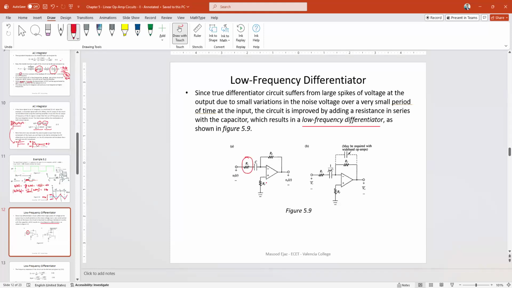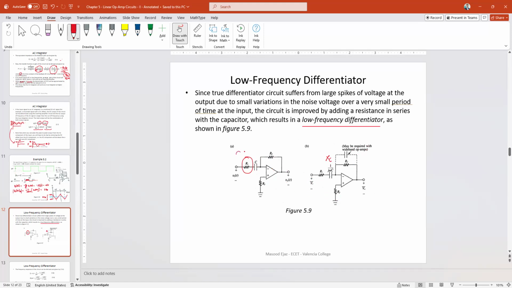Once again, we are going to go ahead and convert this model into phasor form. So we input j omega and XC. This is XC, 1 over j omega C, and RF. Don't worry about this additional capacitor because for a wideband operational amplifier there may be another capacitor in parallel with RF.